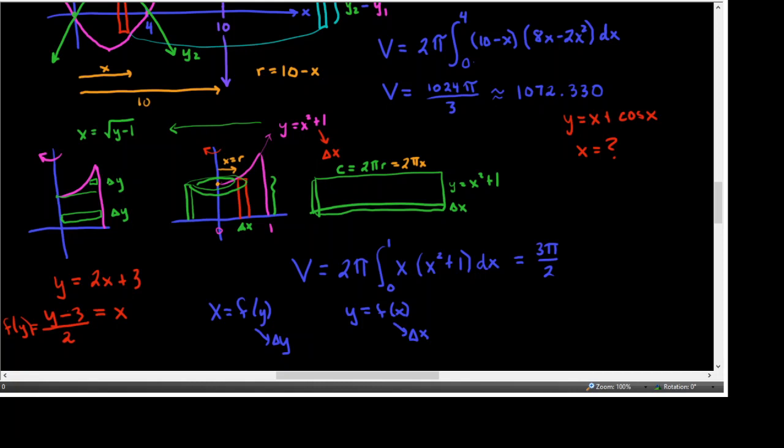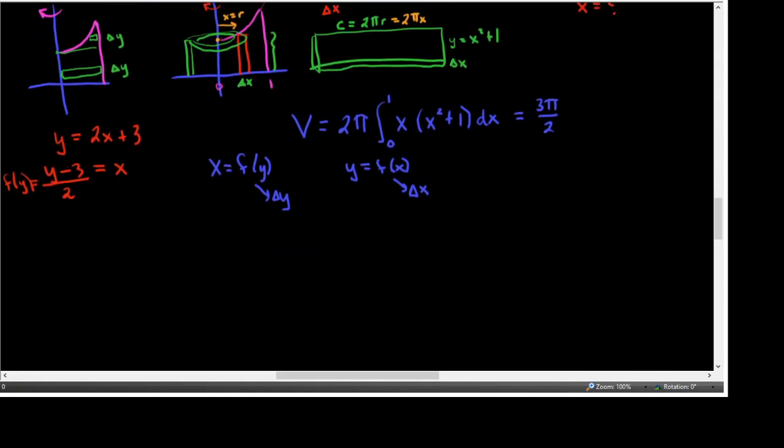Then once you've drawn a good graph of your function and your region and drawn in your representative rectangle, if the rectangle is parallel to the axis of revolution, that means that you're going to use shells.